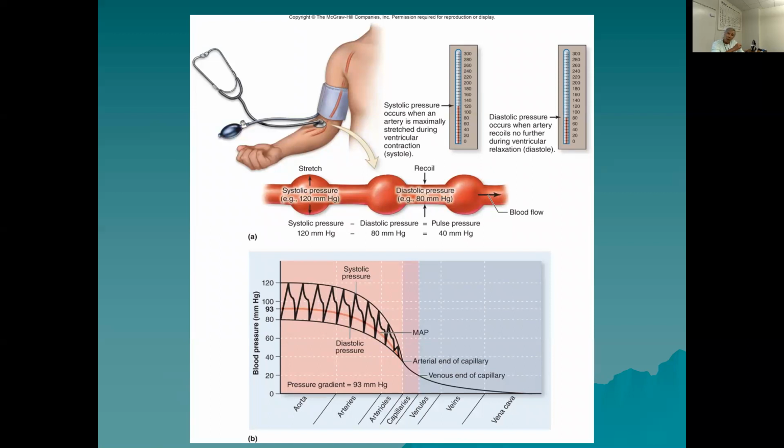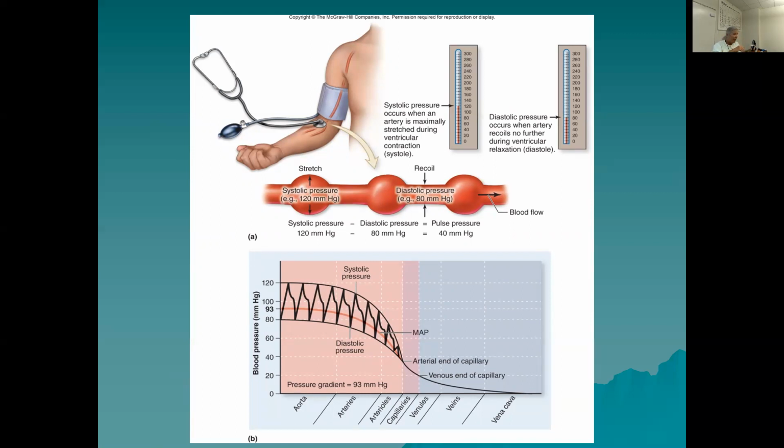You release the pressure, and you start hearing a sound. Why? That's because of turbulent flow. If you open up the vessels just a little bit, blood churns out and hits the side of the vessel, and it's turbulent flow, so it causes noise. So that's systolic, because now you've opened the vessel just enough so the greatest pressure is pushing through.